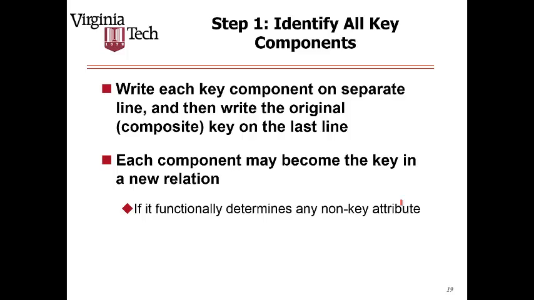And then the composite relation goes on the third line of our page, where we have the composite key of project number and employee num, which is going to determine only hours. The hours worked for this employee on this project. And you can see that makes sense, right?